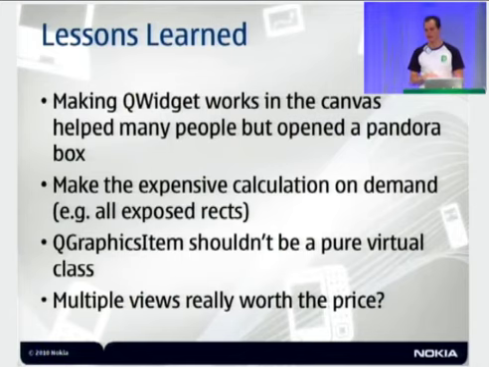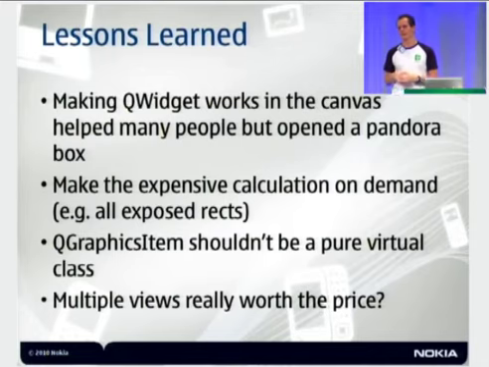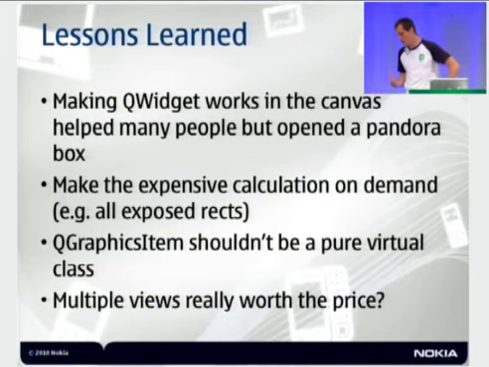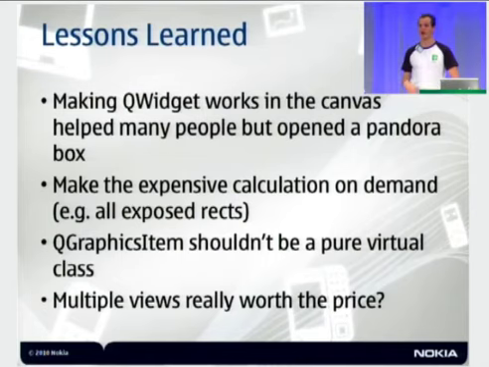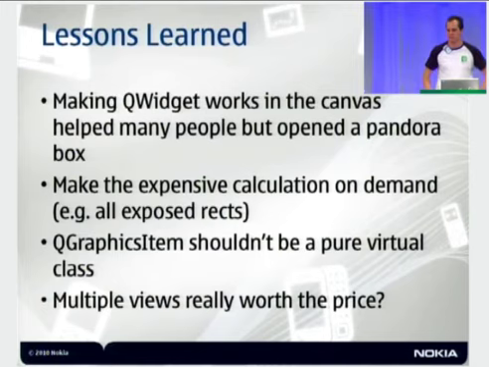Only sometimes some items in the scene actually use it, but all the others don't. What we learned is that always calculating those things, even though people don't use them, is stupid. We should make the expensive calculations, like the expose rect, on demand. If you really need it, then we'll calculate it. It's slow, but you ask for slowness, kind of.